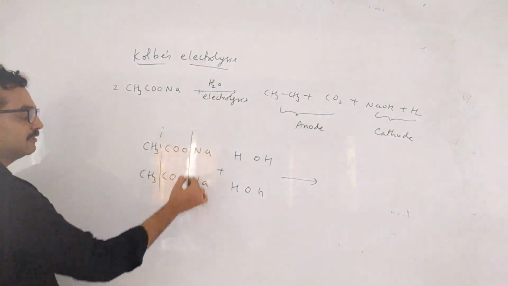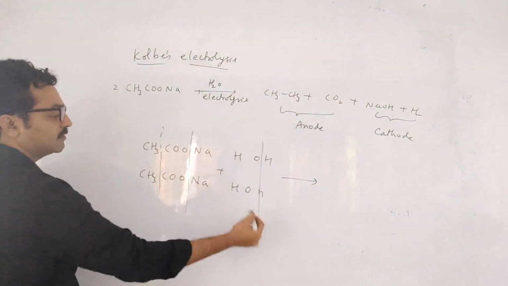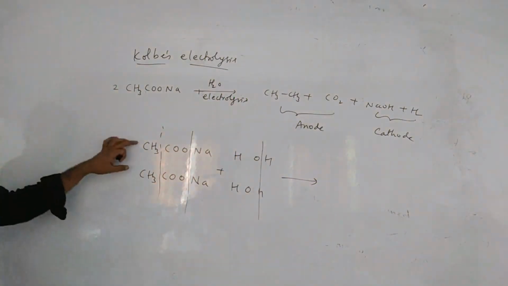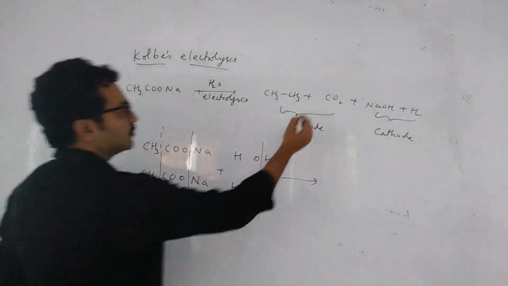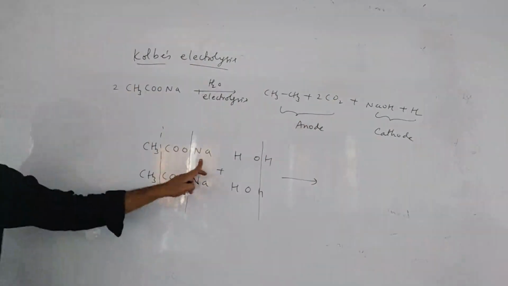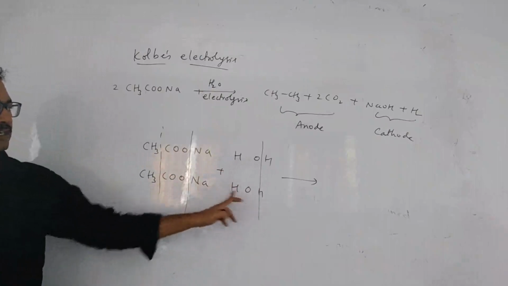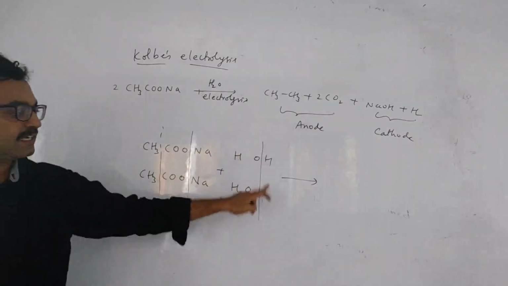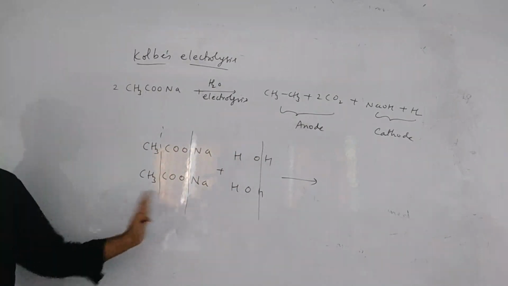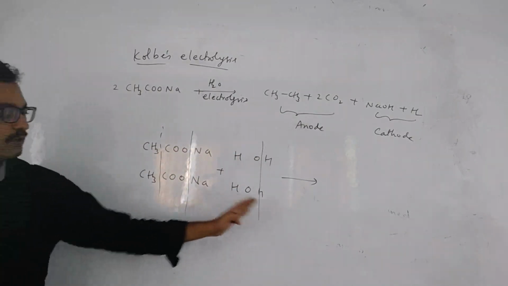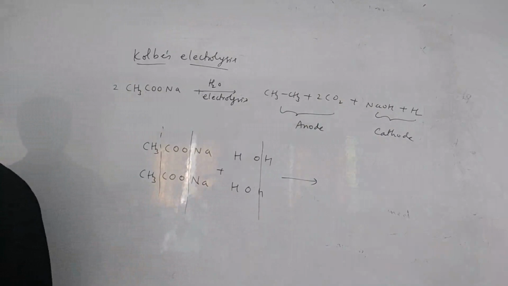Ethane, CO2, NaOH and H2. This and this will form ethane. CO2 will form 2CO2. And NaOH from the water forms 2NaOH. H and H will form H2. So first A will come now: these two are obtained at the anode and these two are obtained at the cathode. Right. So this is called Kolbe's electrolysis.